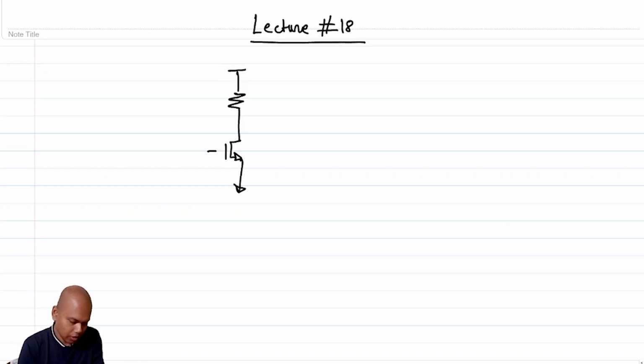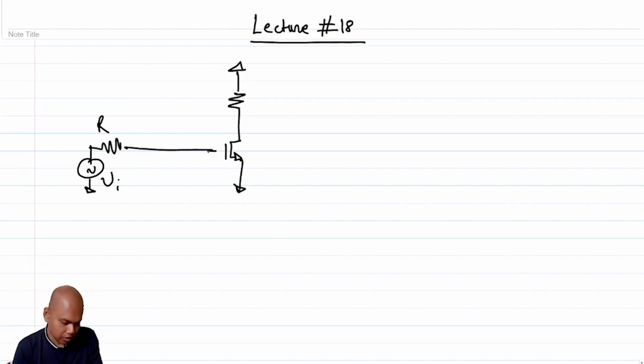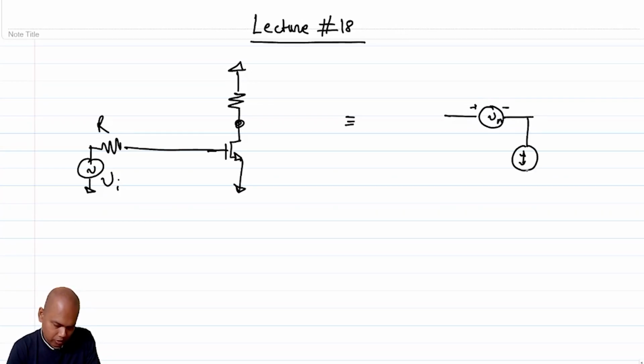So this is the incremental ground, and I have an input, EI and R connected to it, and I am interested in finding out the noise model, Vn, In, for this entire contraption, and I understand that the input impedance is CGS, 1 over j omega CGS.